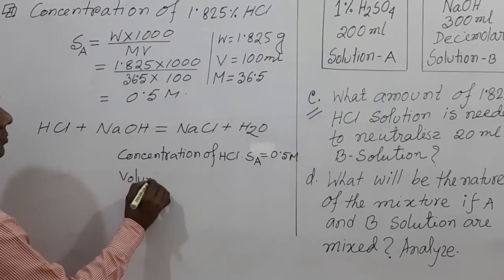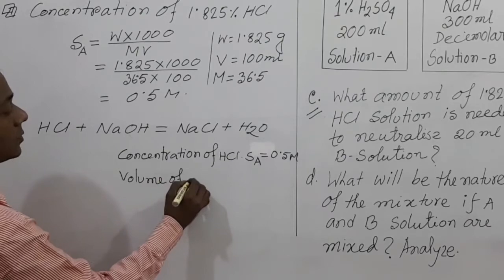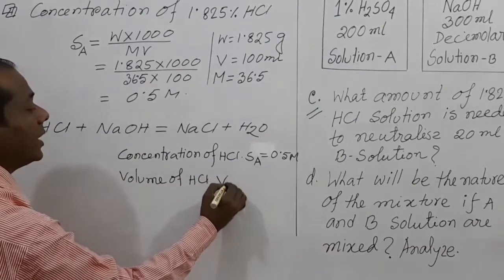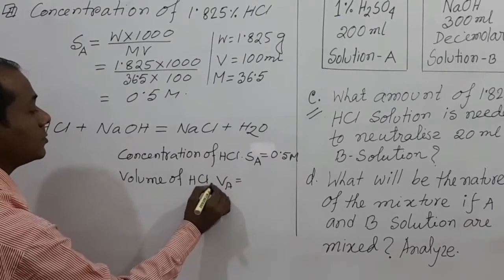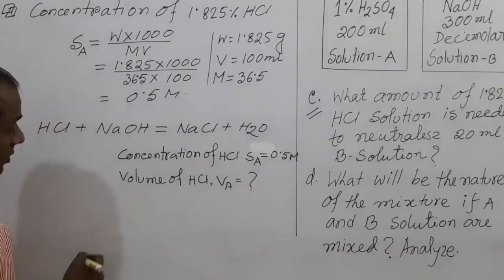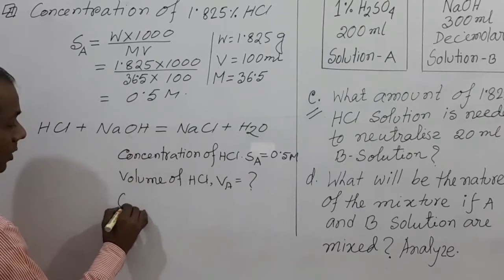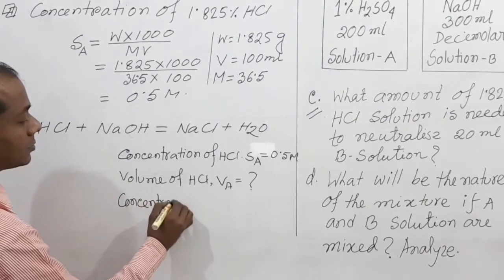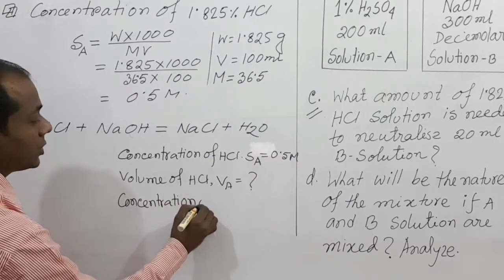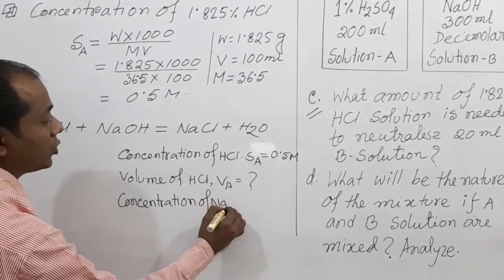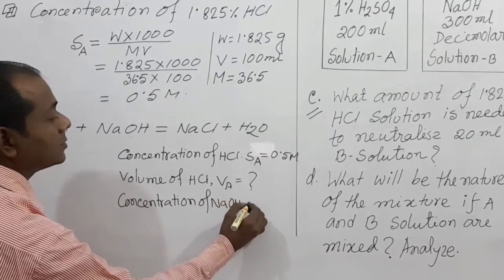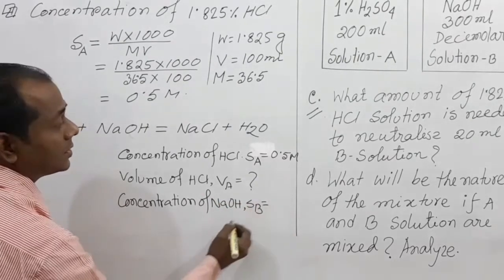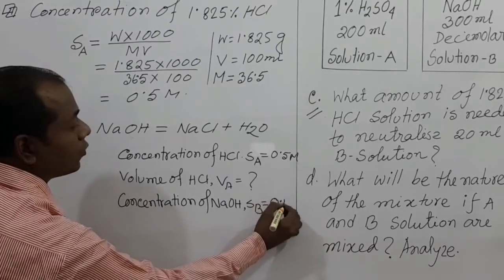volume of HCl, VA, equal to what, and the concentration of sodium hydroxide is SB, because this is a base, that is 0.1 molar.